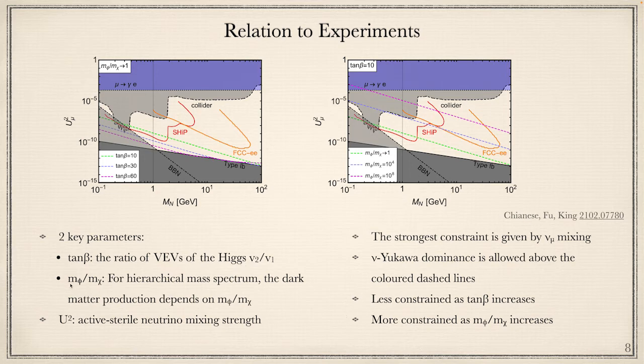And the other one is the ratio of the dark particle masses. It is quite general for neutrino portal dark matter that if the mass spectrum of the particles in the neutrino portal is hierarchical, the dark matter production only depends on the ratio of the dark particle masses instead of individual dark particle masses.